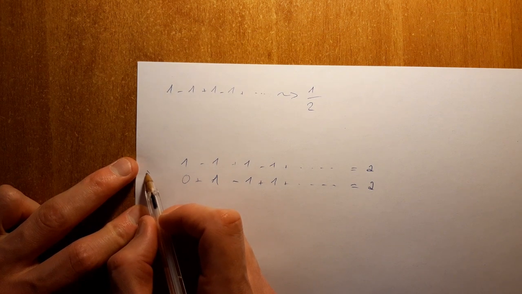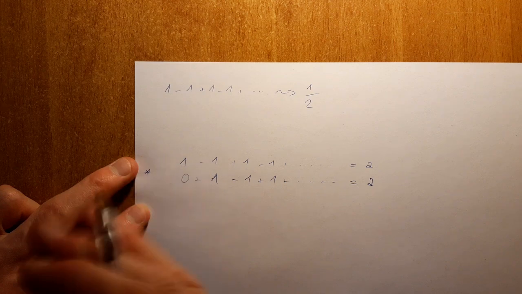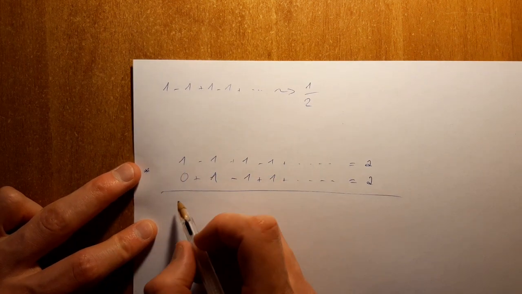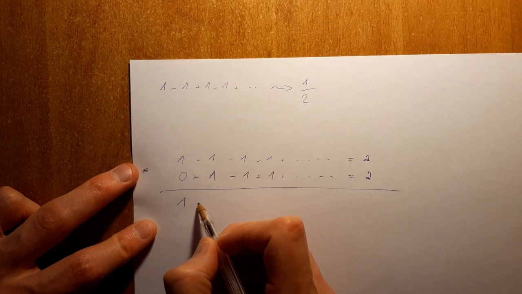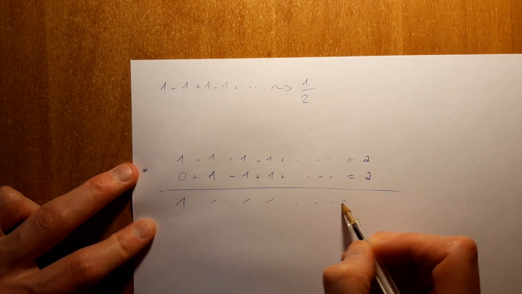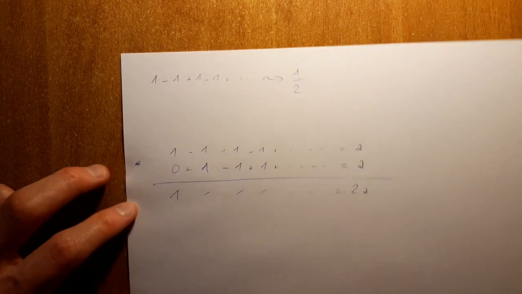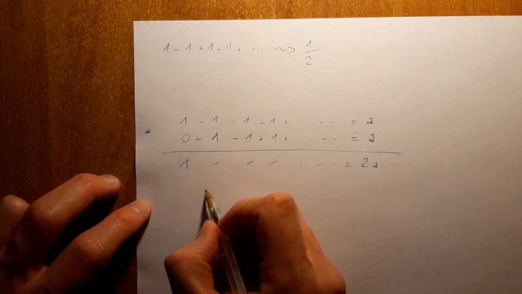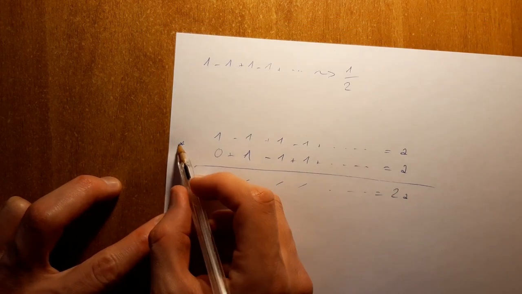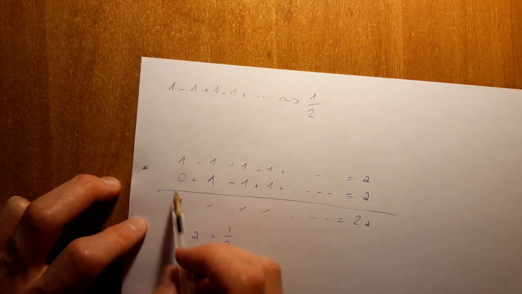I will put an asterisk because there is a question here, which we will talk about later. Summing vertically, 1, 0, 0, 0, equals 2a. The same thing: a equals 1 over 2. The equal sign here is a question.